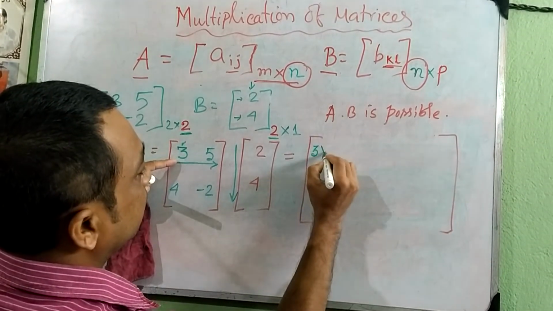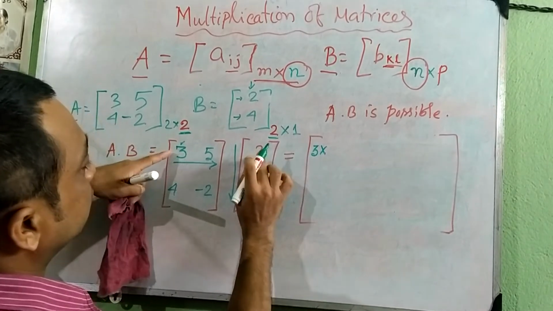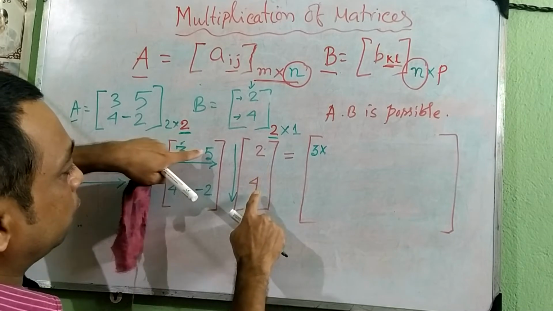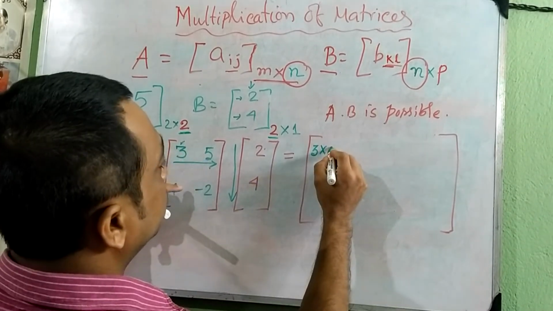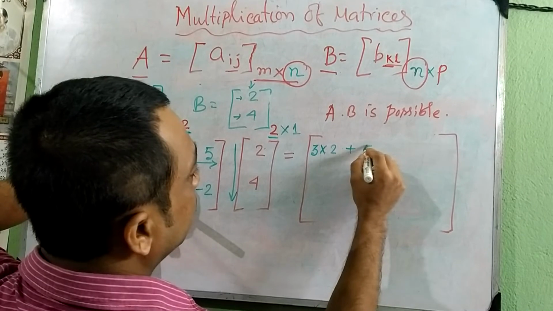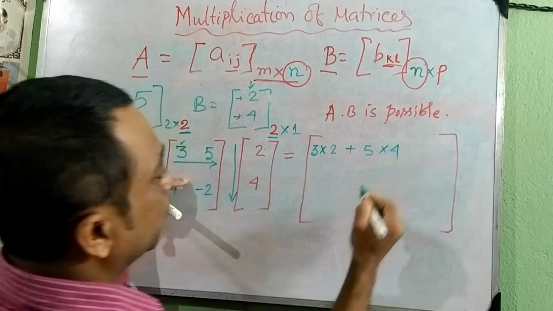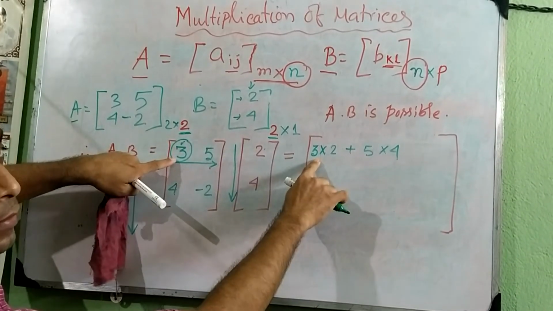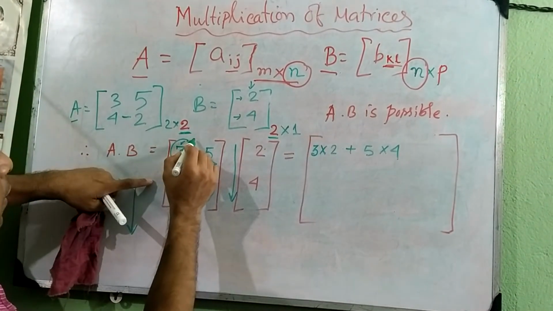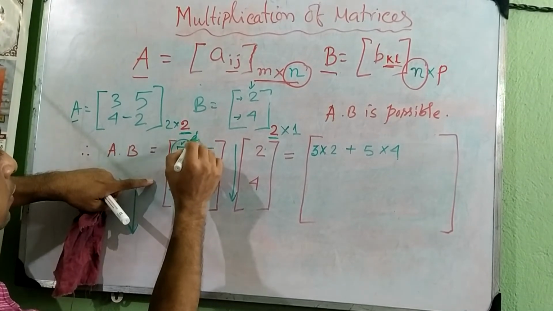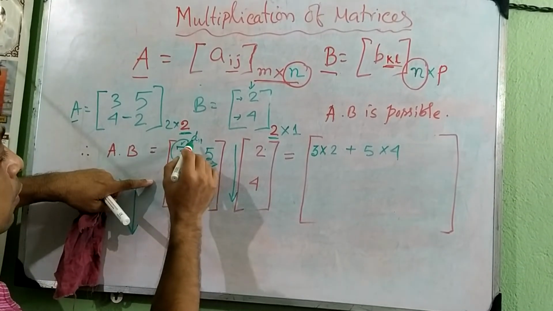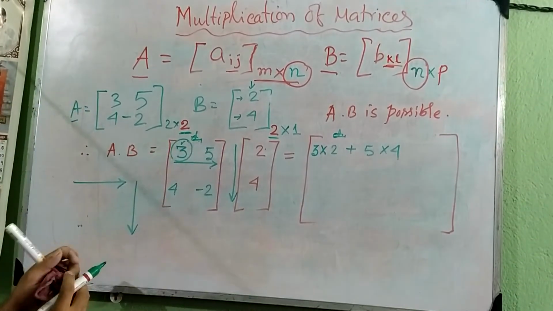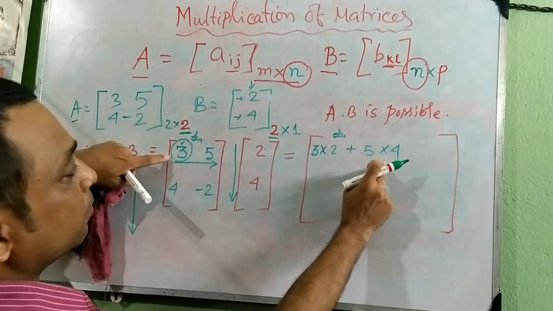So 3 into 2, 5 into 4. 3 into 2 plus 5 into 4. Where I start, that will be the place. So suppose this is the position D11, first row, first column. So this multiplication is done.